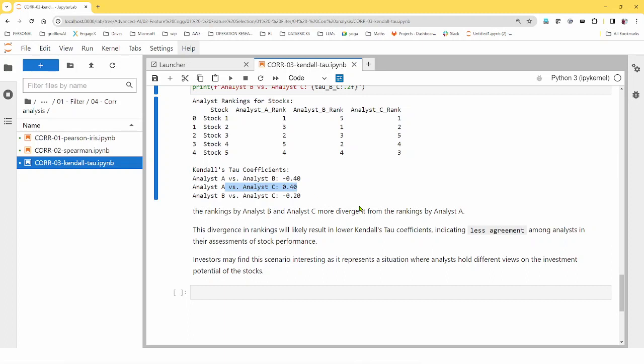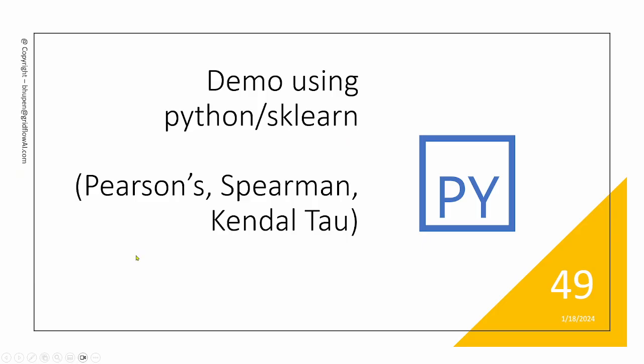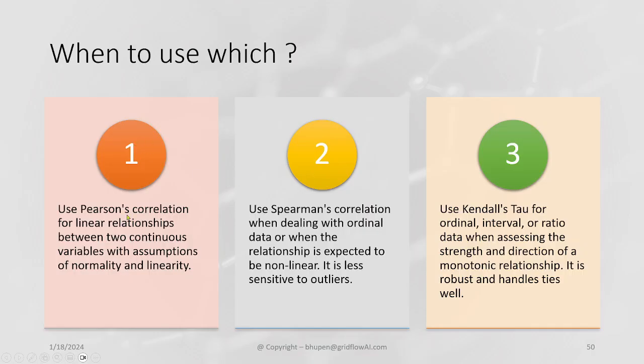So just to summarize which one to use when, I'm going to show you another slide. We talked about these three methods, Pearson, Spearman, and Kendall tau. Let's see which one to use when. Pearson's correlation is good when you have linear relationship between the two continuous variables and data have some assumptions of normality. Normality means Gaussian pattern.